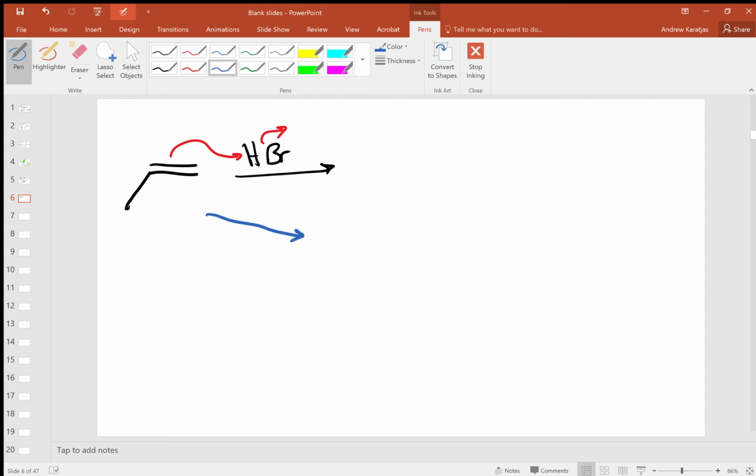Now, in any case where the alkene we start with is not symmetric, such as this one, that gives us two possibilities. We can put the hydrogen on the first carbon of the alkene and the carbocation on the other carbon, or we can reverse that.